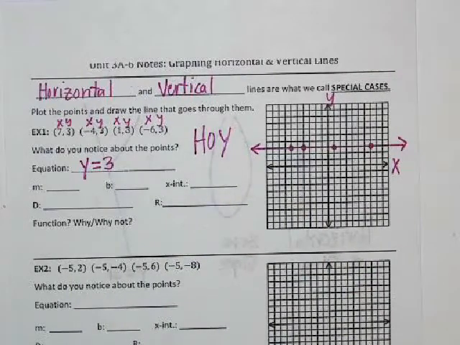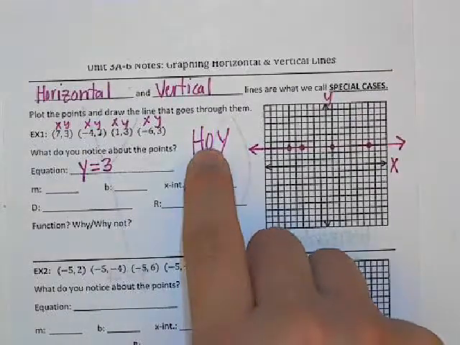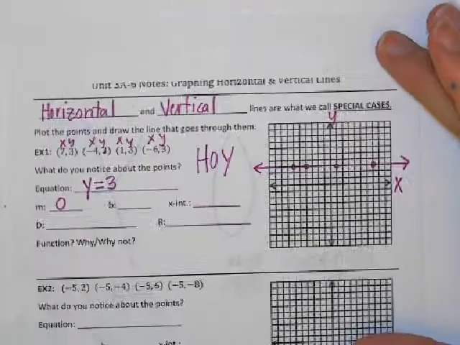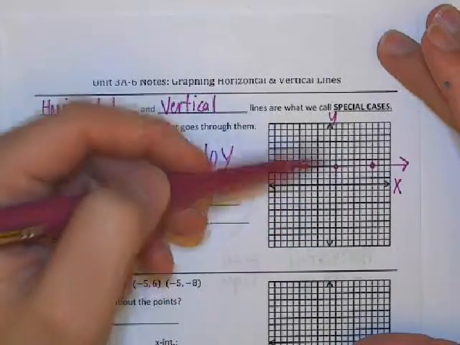Okay? Then M stands for what? Slope. So what's my slope for a HOY line? 0. What does B stand for? Y-intercept. Does it cross the y-axis? Yeah, it crosses the y-axis right here.